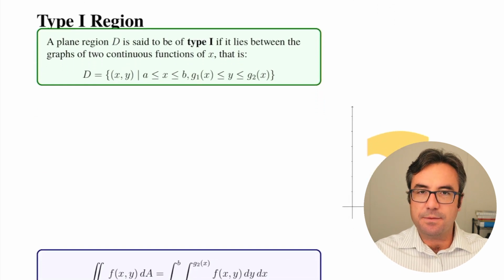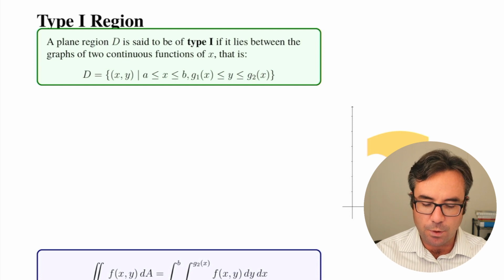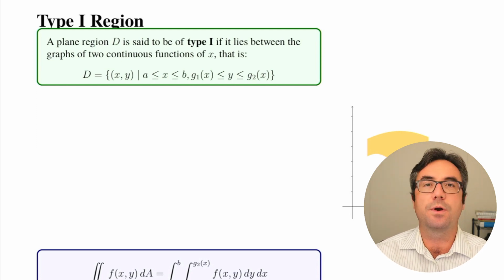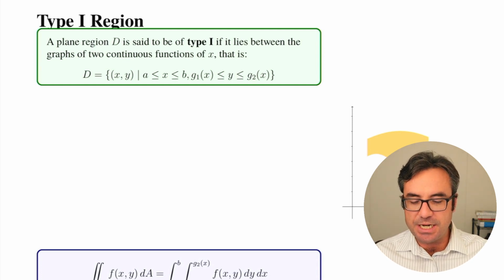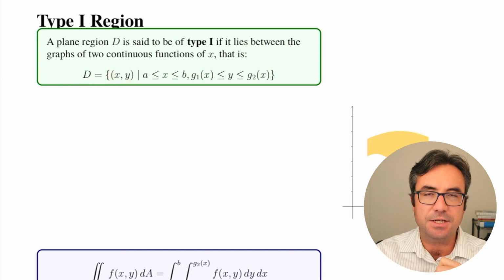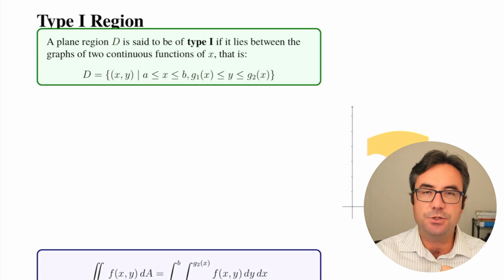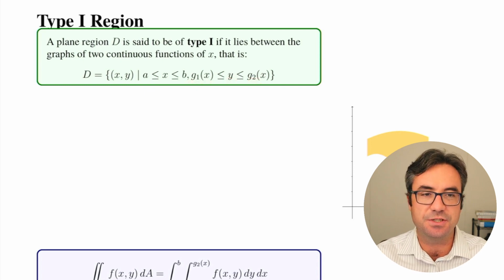our region, we're going to be considering primarily 2 types of bounded regions. We're going to start by looking at the first type. We're going to call this type 1. Don't really worry about the names too much. We say our region D is said to be type 1 if we're looking at the points (x,y) in the xy plane where x is between 2 constants a and b, and y is between 2 continuous functions of x.